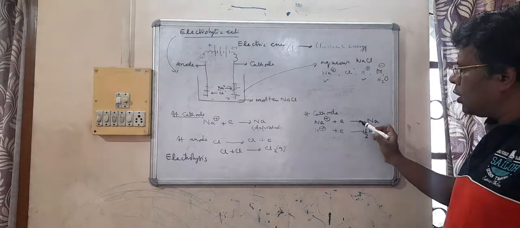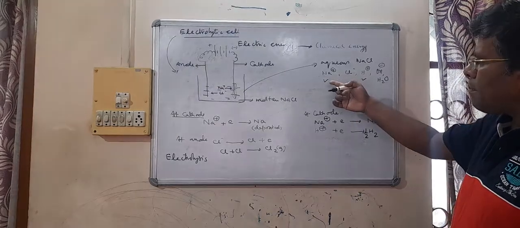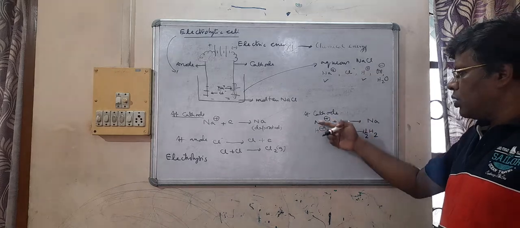So there are two possibilities at the cathode. We can say there is a competition between Na+ and H+.